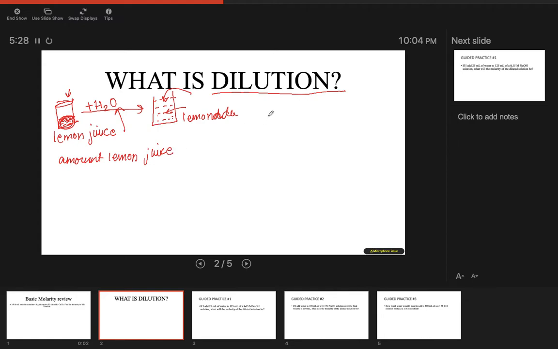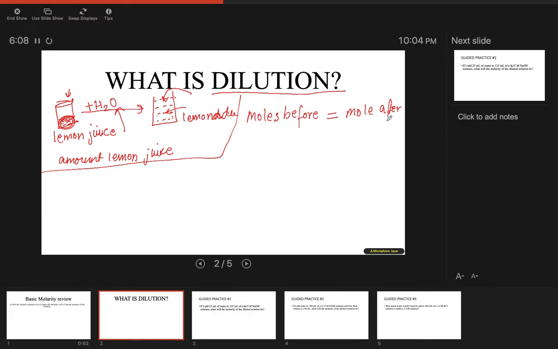When you did your vocabulary, moles was the amount of substance that is in a solution, right? So the moles before diluting that lemon juice is still equal to the moles after diluting the lemon juice.